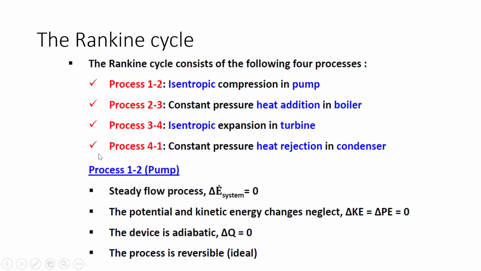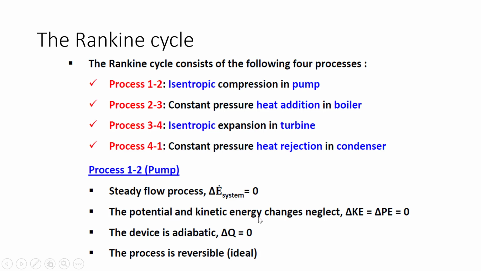First of all, let's look at process 1 to 2. For the Rankine cycle, the flow is a steady flow process. When the process is a steady flow process, there is no energy change in the system, so the total energy change in the system is 0.